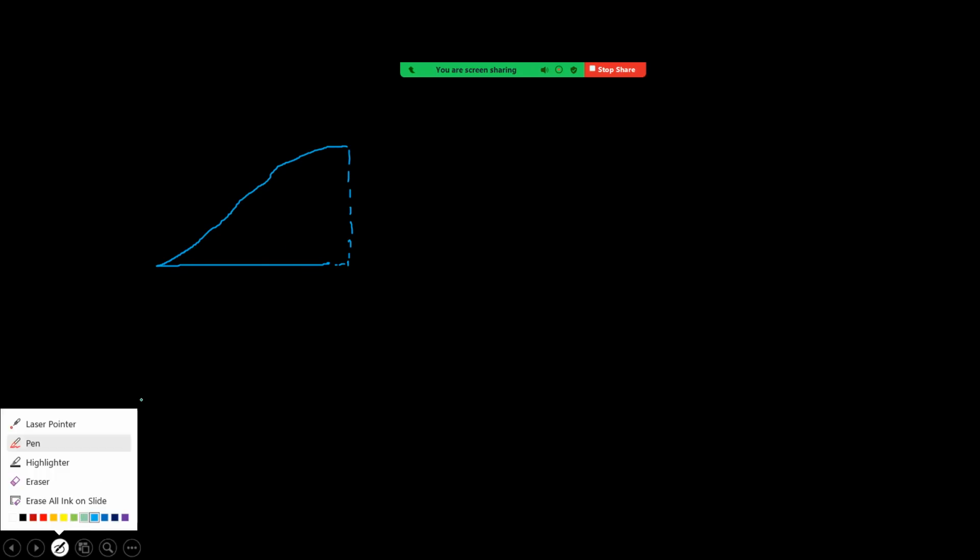You can take any shape, because the answer does not depend on the shape of the path. So you can take the base length. Base length is given as L. And the height is H.